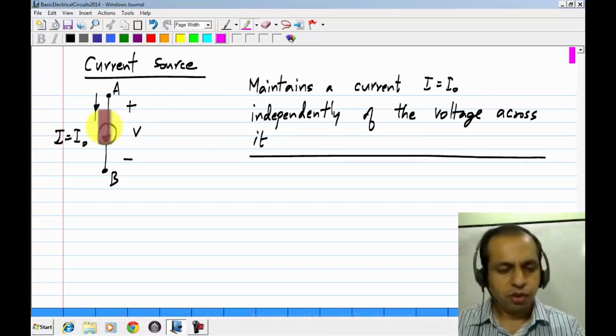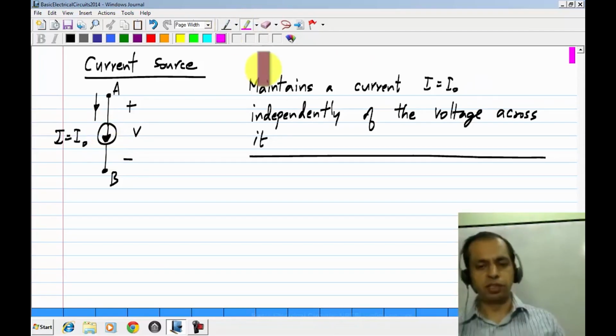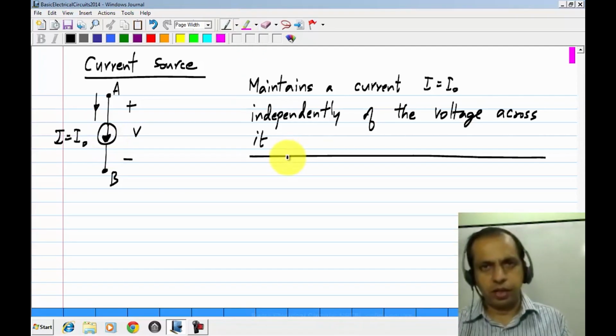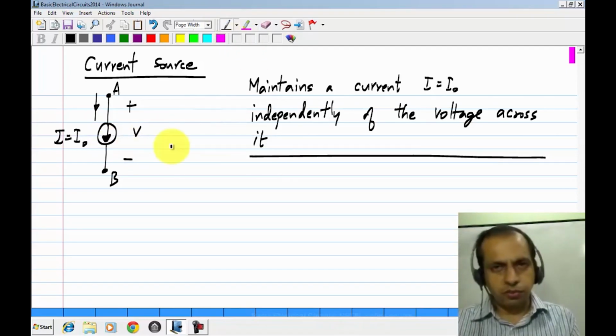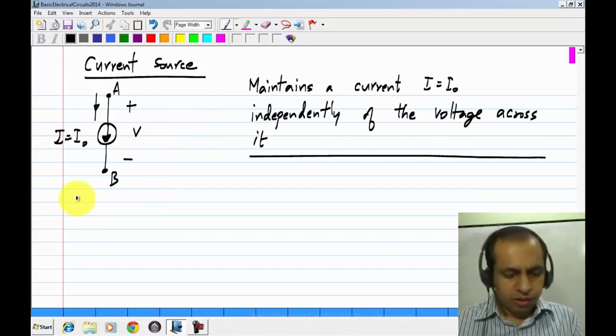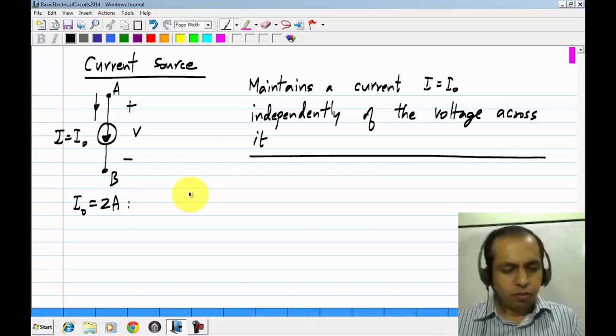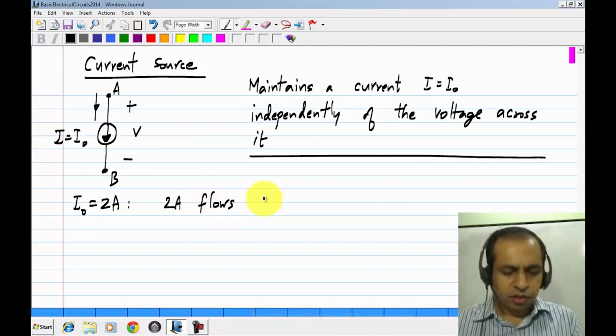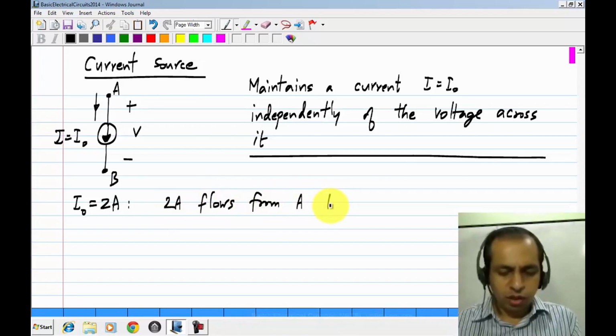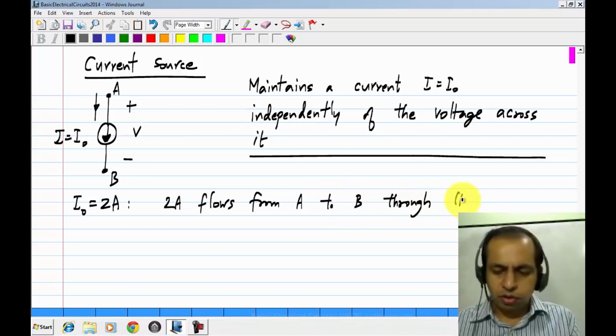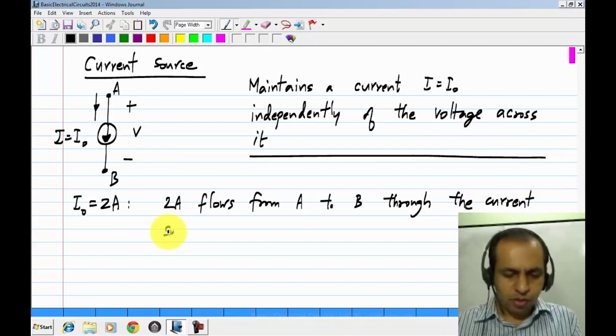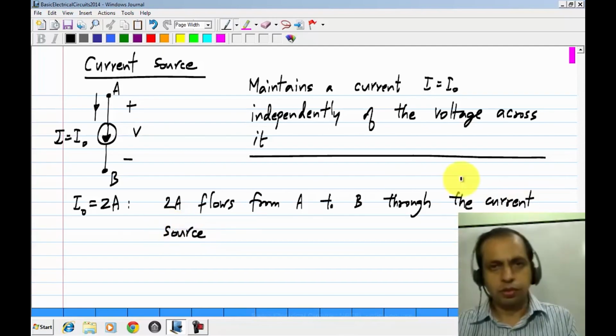Now, as before, the arrow indicates the direction in which the current is defined. That current itself could be positive or negative. So, if I naught happens to be 2 amperes, what it means is that 2 amperes flows from A to B through the current source.